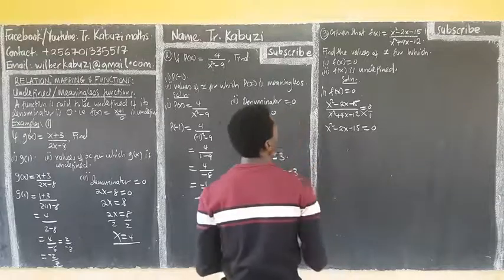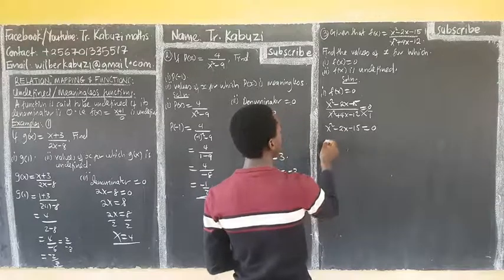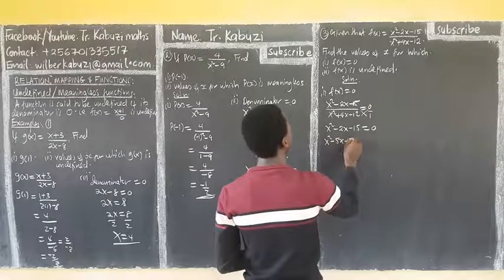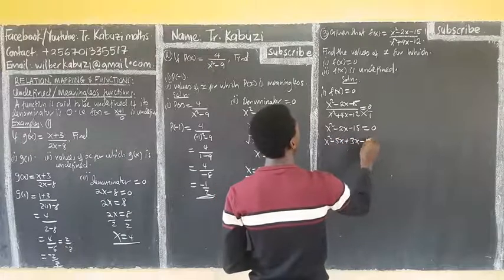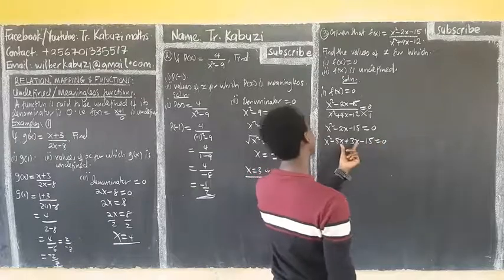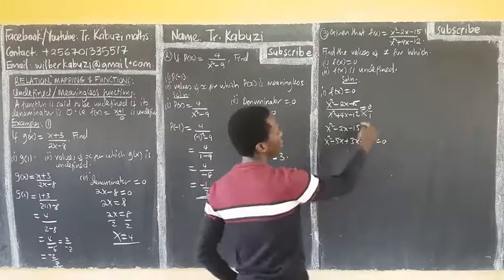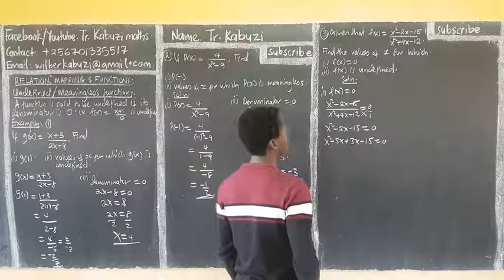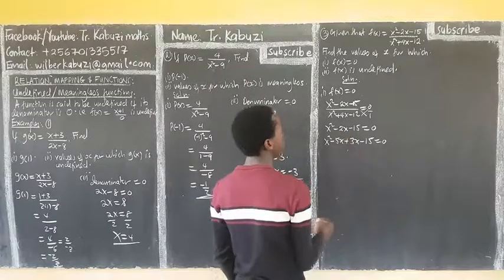Now we factorize this: x squared minus 5x plus 3x minus 15 equals 0. You look for the factors of negative 15 that, when you add, give negative 2x, which are negative 5 and 3.